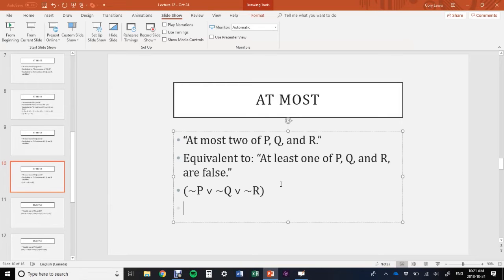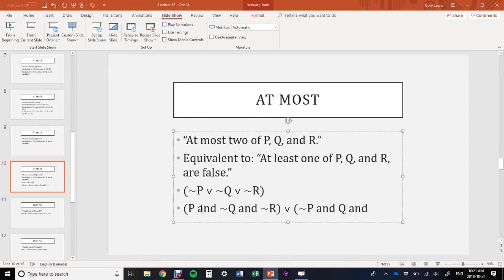If you wanted to do the first one, you could say, P and not Q and not R, or not P and Q and not R, and so on and so on.